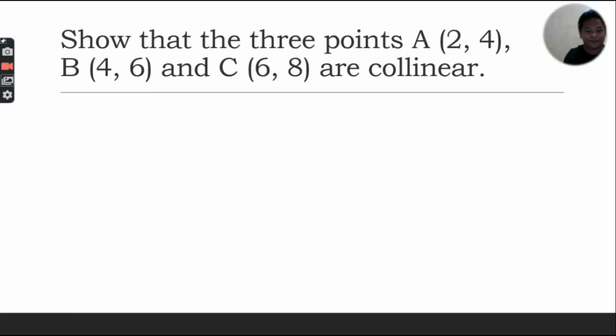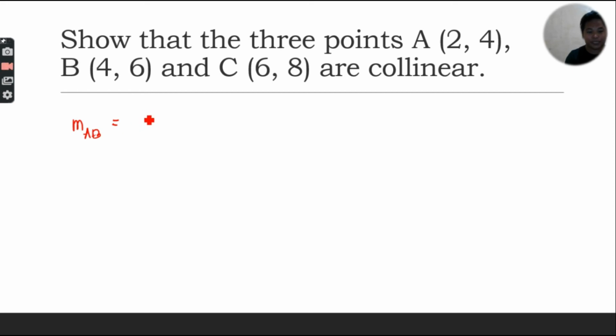So, we have m of AB. So, using the points of AB, let's take x sub 2, 4, y sub 2, 6, and x sub 1 is 2, y sub 1 is 4.